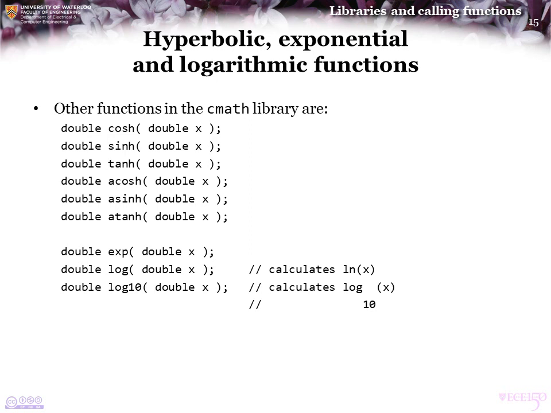If you wanted to calculate the common logarithm, or logarithm base 10, the function is usually something of the form log10. And so log10 is a function that takes an argument x and returns log base 10 of that value of x.